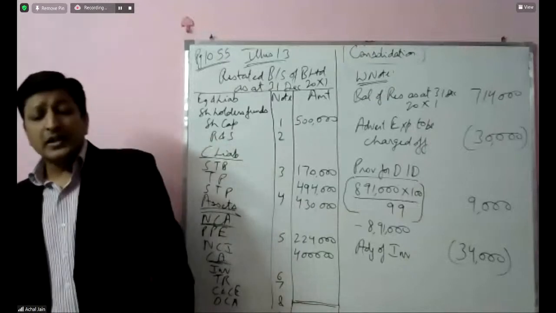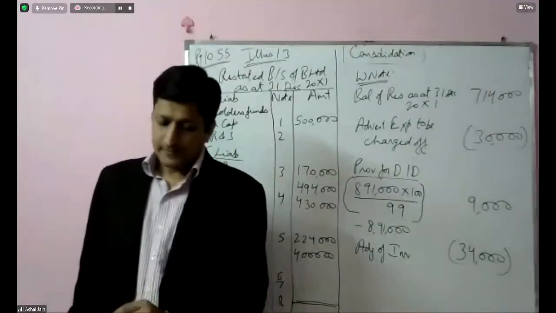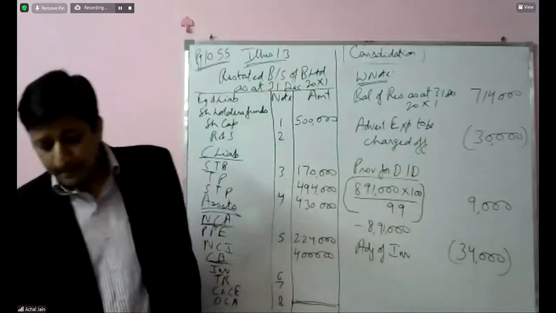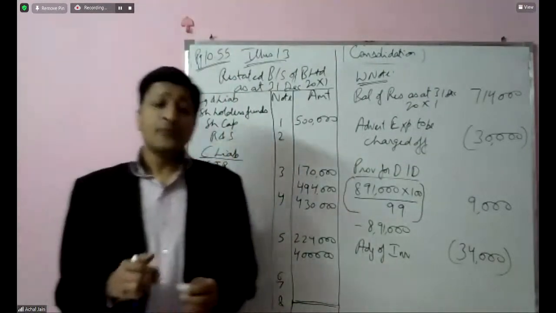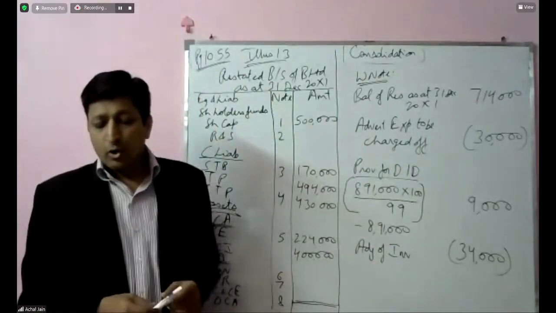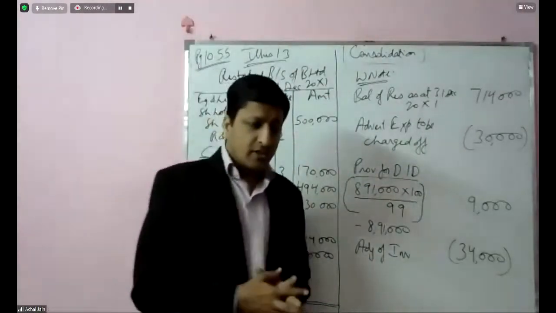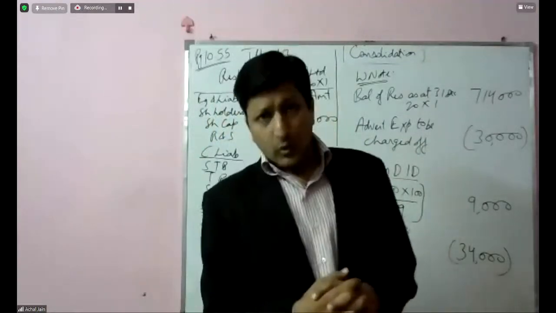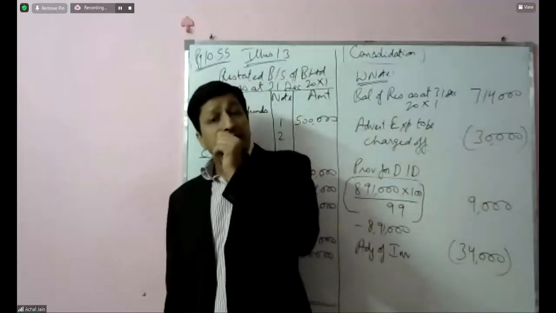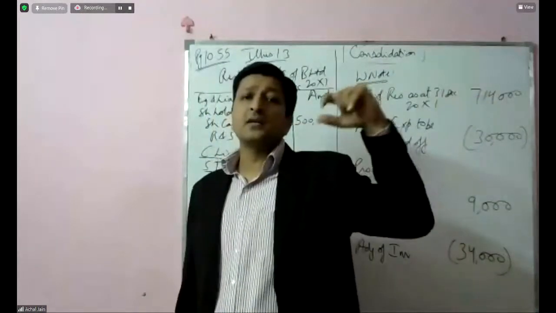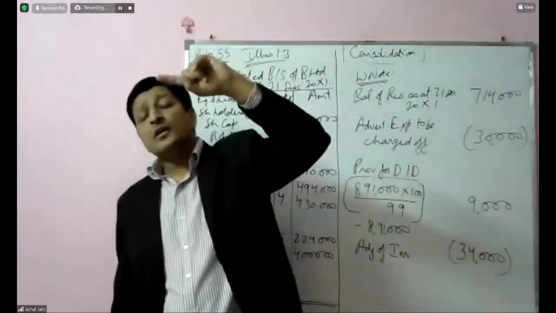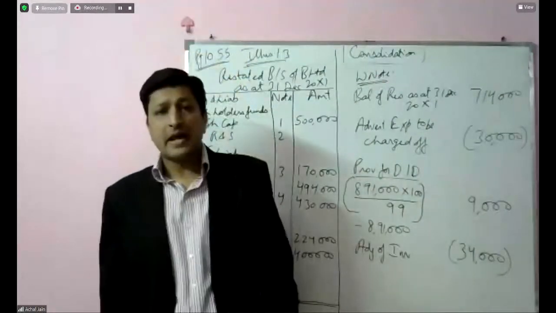If you go back to the last year, the question says inventory of 31st December X0 also needs to be reduced by 12,000. So let's suppose we go back to the last year and reduce the closing inventory of last year by 12,000, and we also take the same balance in the opening balance.